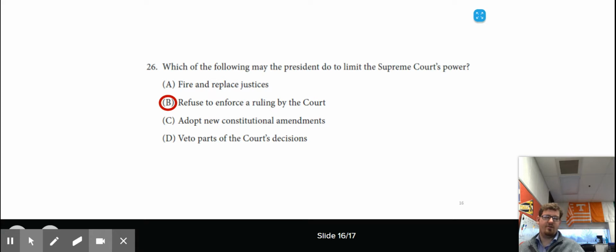When it comes to hearing a case, how many judges are necessary to express a desire to hear the case? Four. There you go. It's not a trick question. It's 4 judges. Is this rule found in the Constitution? No. Yep, no, it's not.